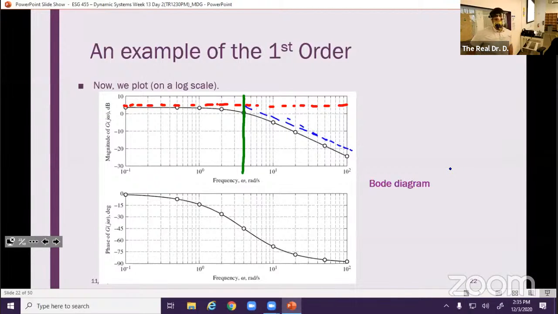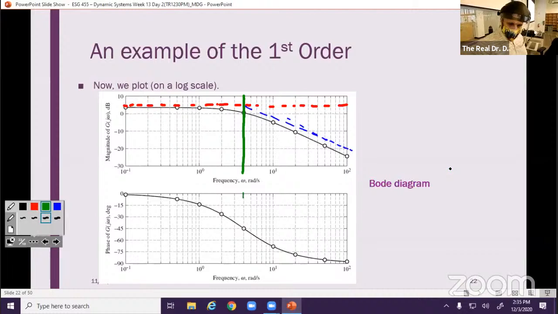Okay. What about the phase? Let's mark this here. That's my corner frequency. I'm going to start with an asymptote at 0, and I'm going to finish at minus 90.